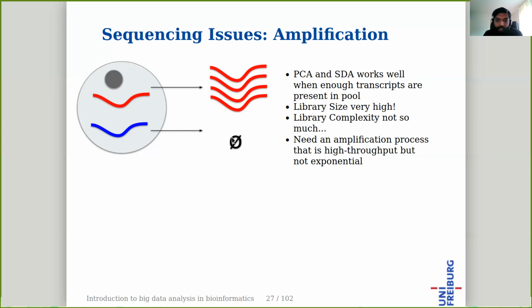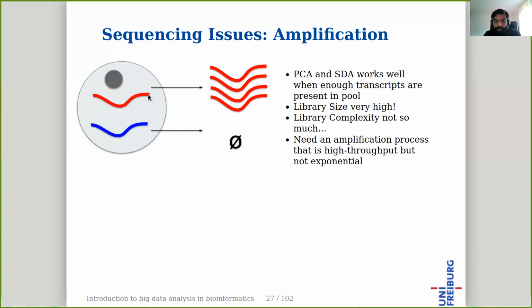In this case, we get a wrong conclusion that there are many red transcripts in the cell, but no blue transcripts in the cell. But in reality, there are an equal number of red and blue transcripts. This is one of the problems that PCR and SDA cannot solve.